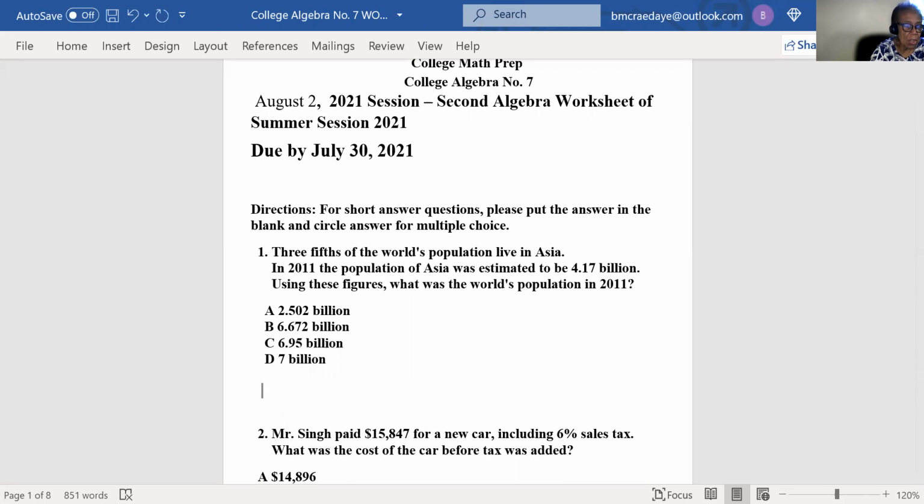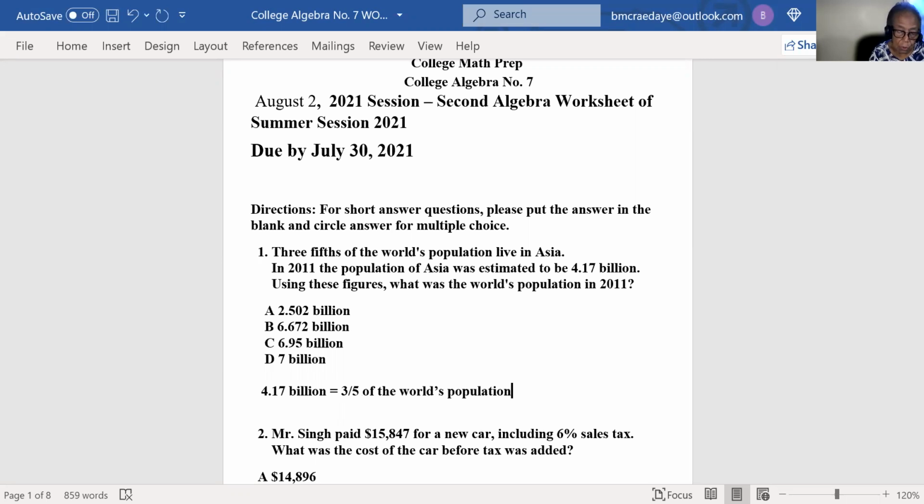So what we can write is, 4.17 billion is 3/5 of the world's population. So let me just write that. 4.17 billion is equal to 3/5 of the world's population.